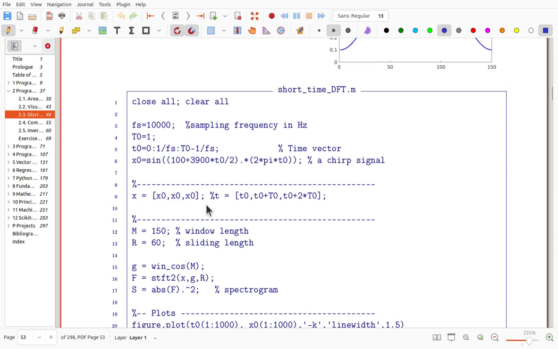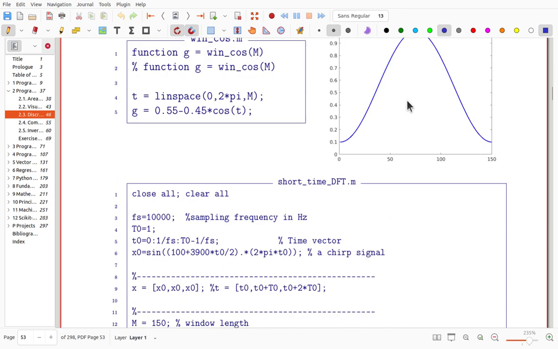The corresponding time vector is this one, but it's not necessary in our computation, so I commented it out. Now we choose m as 150, that is the window length. So from this one, by calling the Hann window function with m, we get g, that is exactly that one.